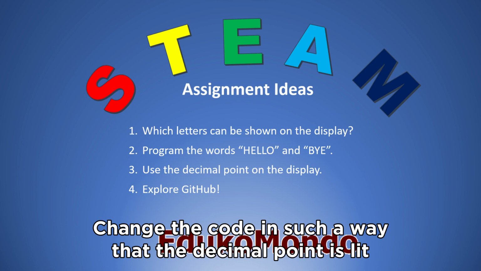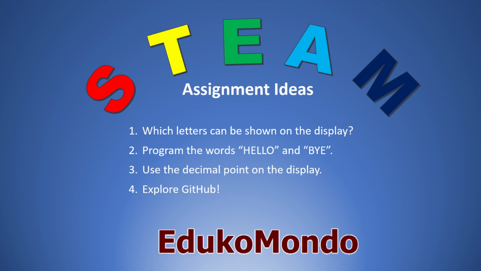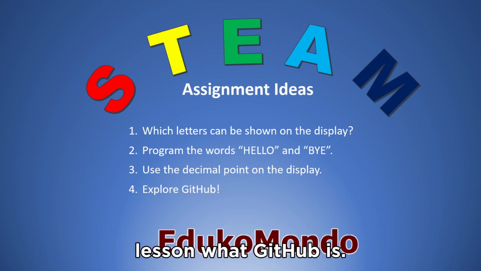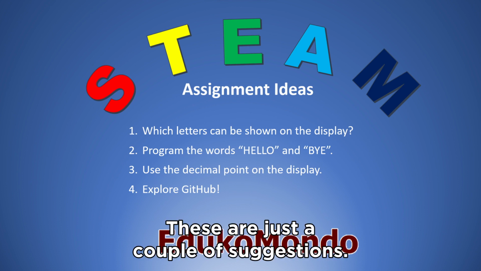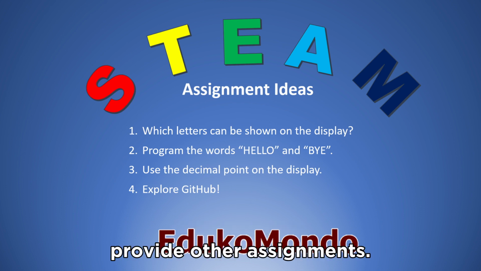Change the code in such a way that the decimal point is lit before the number changes. Find the code of the SevSeg on GitHub and explain in the next lesson what GitHub is. These are just a couple of suggestions. Use your own experience and imagination to provide other assignments.